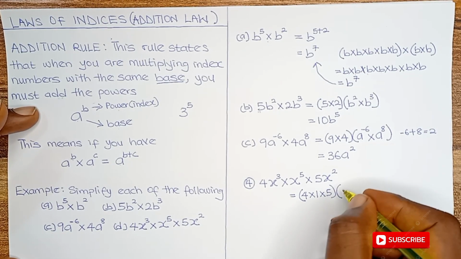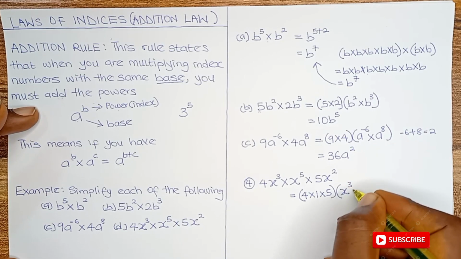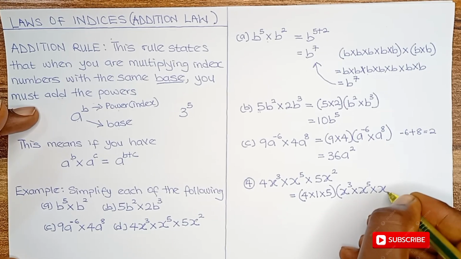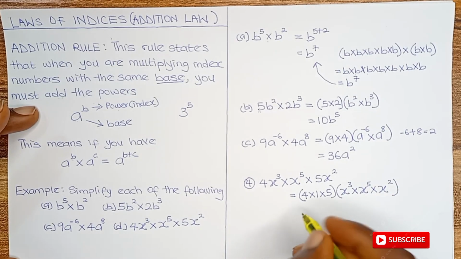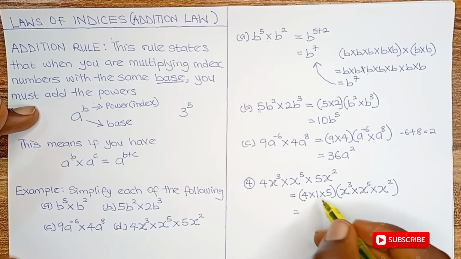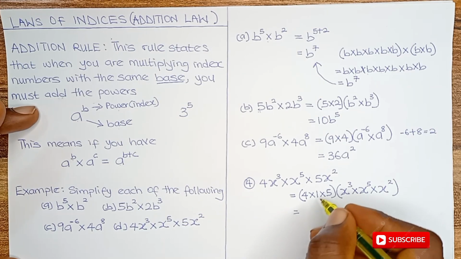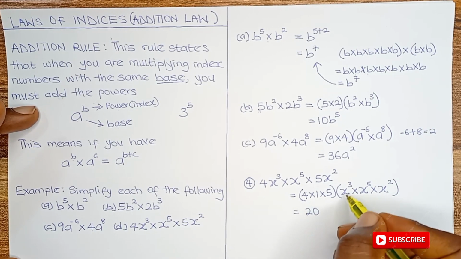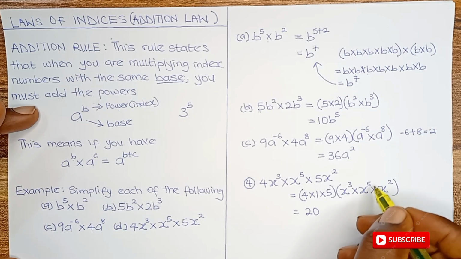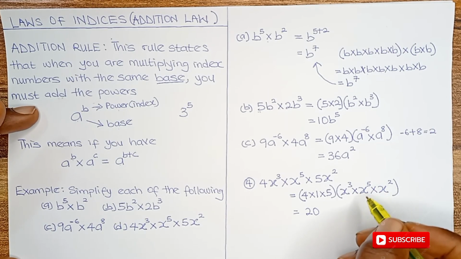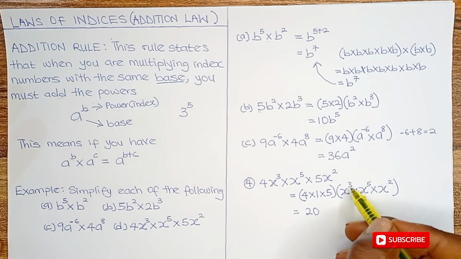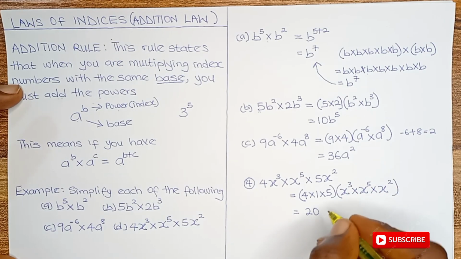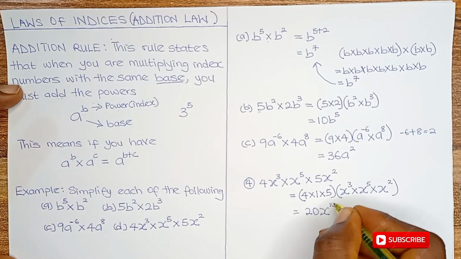Next, we bring the alphabets together: x to the power of 3 multiplied by x to the power of 5 multiplied by x to the power of 2. 4 multiplied by 1 is 4, and 4 multiplied by 5 is 20. We are going to add all the powers. 3 plus 5 gives us 8, and 8 plus 2 gives us 10. So we have 20x to the power of 10.